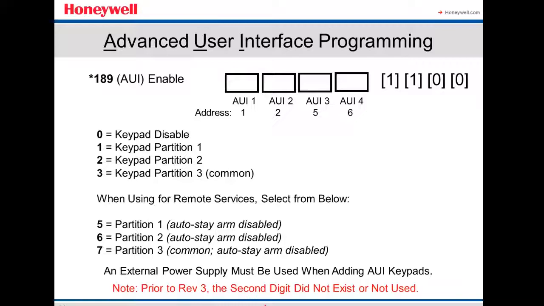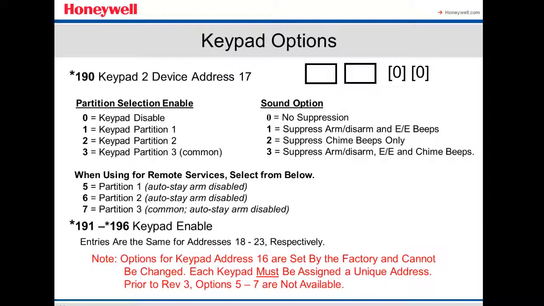If you're going to use address number 2, then the first one is 0, 1, 0, etc. Right? This is where you set up your command, and it's on command 189. From command 190 to 96, that's where, if you're going to use more than one keypad, you enable the other keypads, because you give them the address and enable.